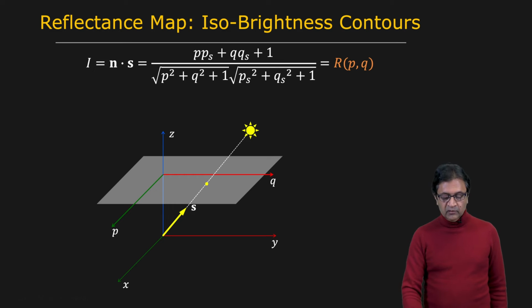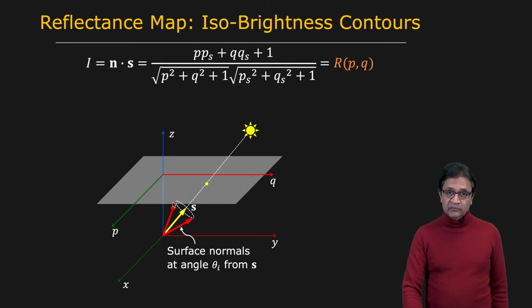So for that, we know that the surface normals for a Lambertian surface that subtend the same angle with respect to the source direction, those are all the normals that lie on this cone right here, the cone you're looking at. All of these would produce the same brightness value, because for all of those surface normals, cosine theta I is the same.